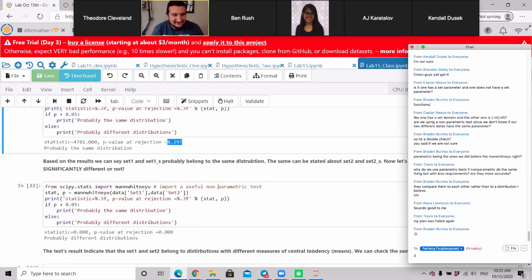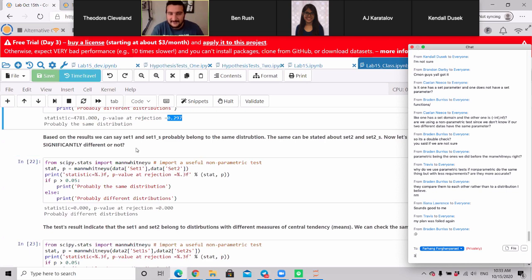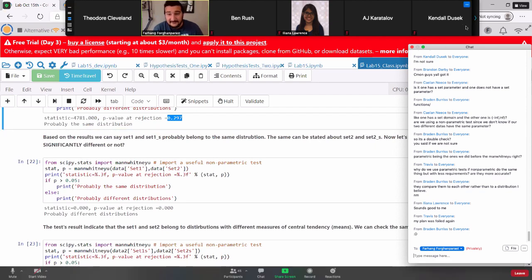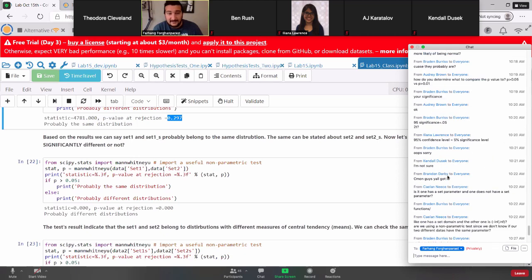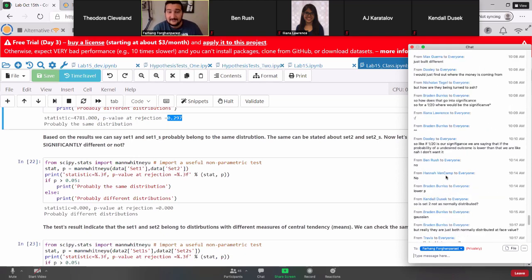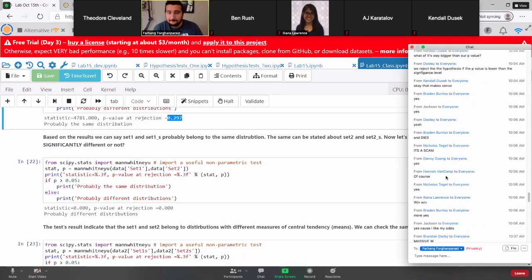Based on the results, we can say set 1 and set 1s probably belong to the same distribution. The same can be stated about set 2 and set 2s. Now let's check and see if set 1 and set 2 are significantly different or not.